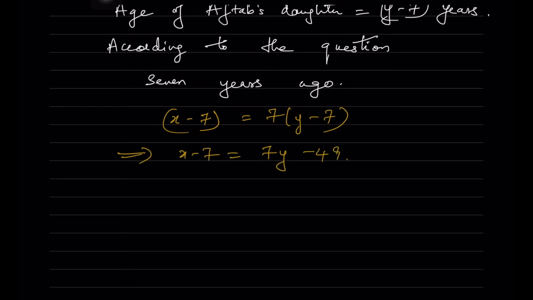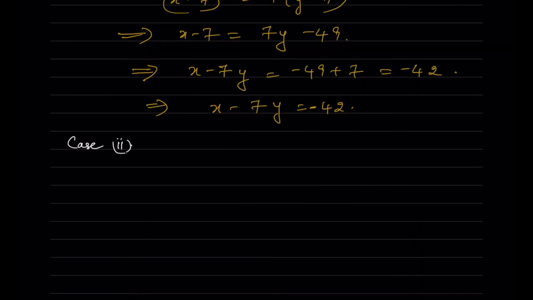So solving that equation we get x minus 7y is equal to minus 42.